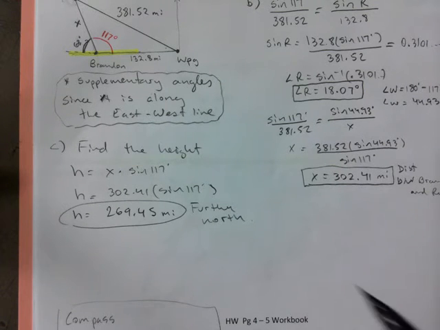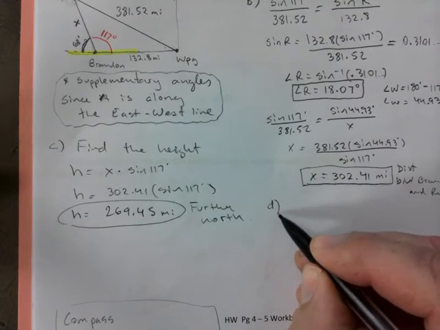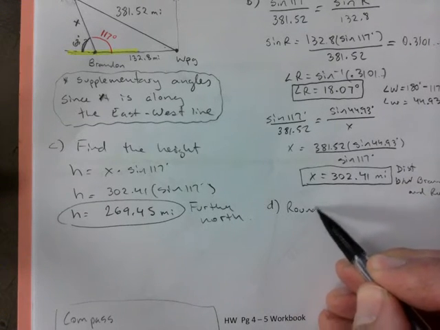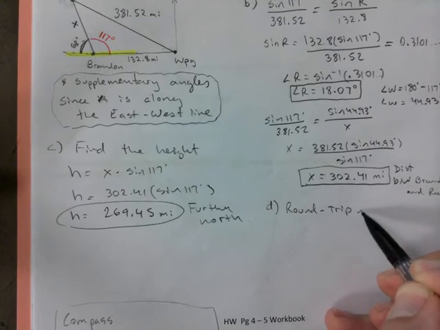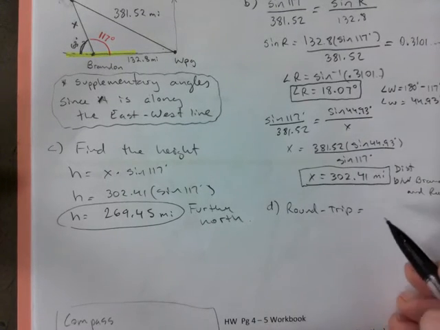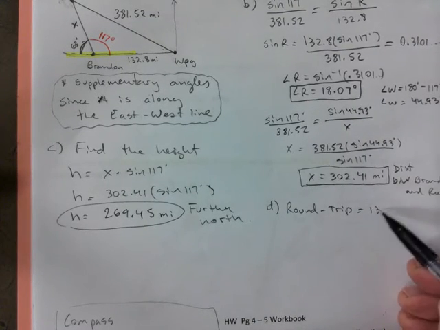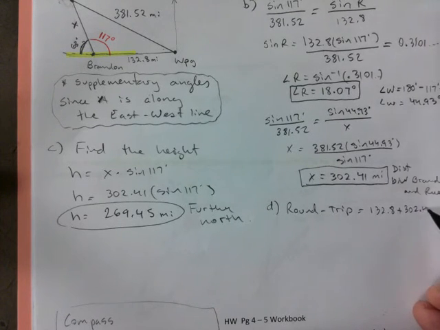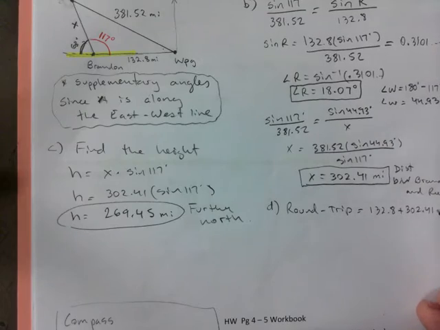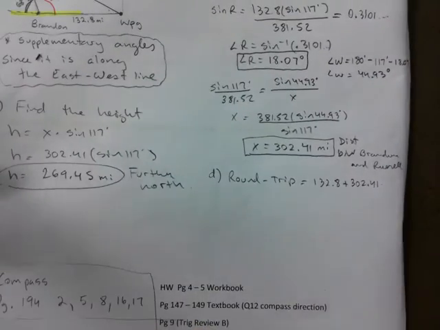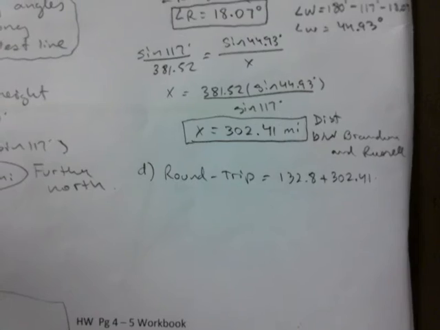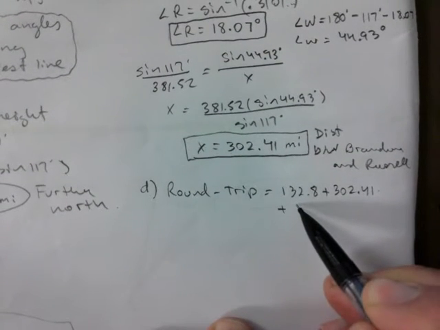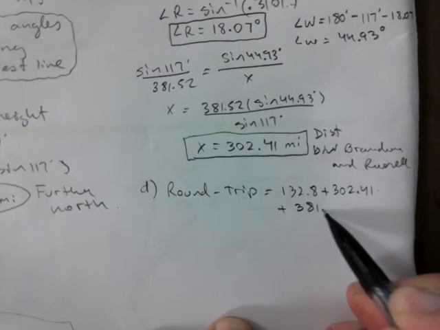So basically, you need to figure out the round trip. The round trip is 132.8 plus 302.41 plus 381.52.